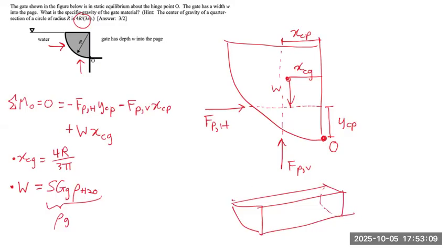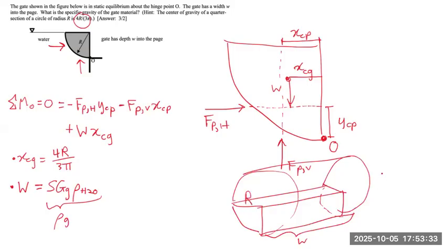So this is about 1/4 the volume of a cylinder, actually. So if we find the volume of a cylinder and then we divide it by 4, we should get the volume of the gate. So the cylinder has height of W and the radius is R, of course.